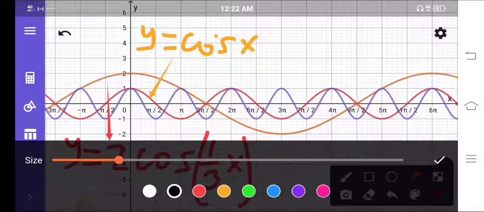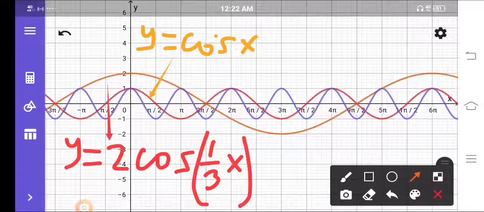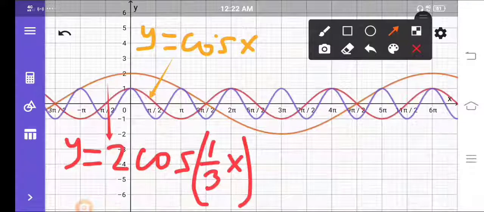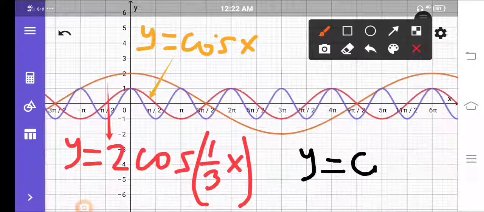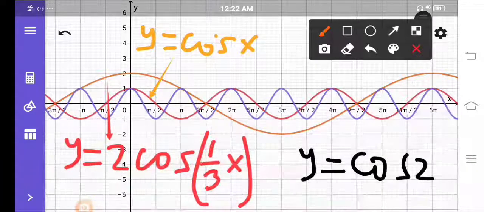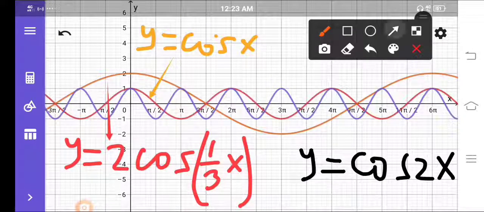Then we have y is equal to cosine 2x. So our b is greater than 1. The graph tends to shrink.